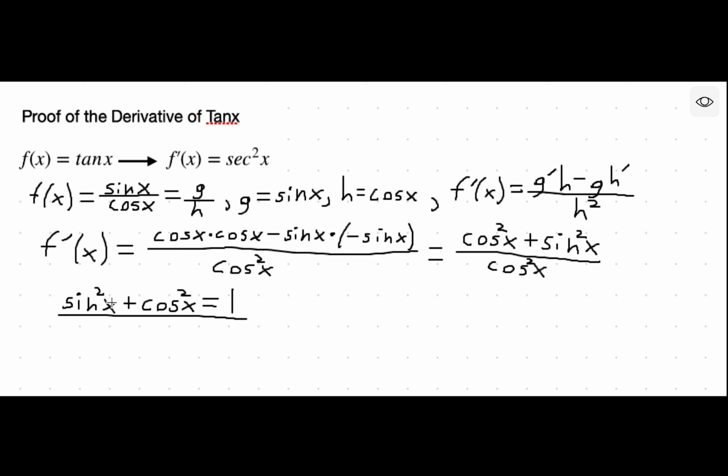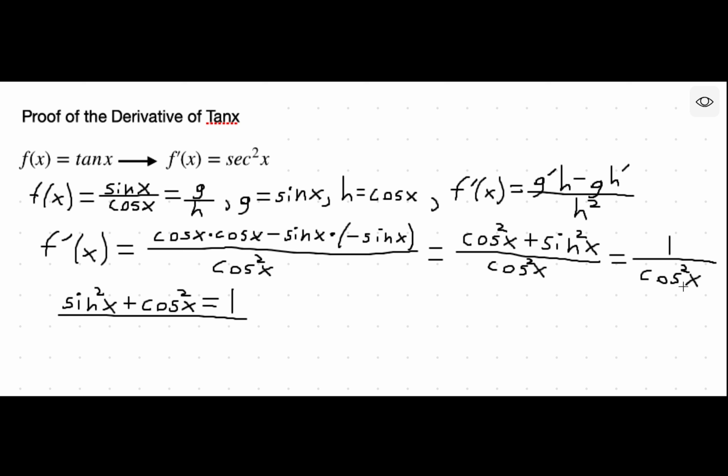So if sine x squared plus cosine x squared is equal to 1, that means cosine x squared plus sine x squared has to be 1. So we're going to get 1 in the numerator then. So now we have 1 divided by cosine x squared.